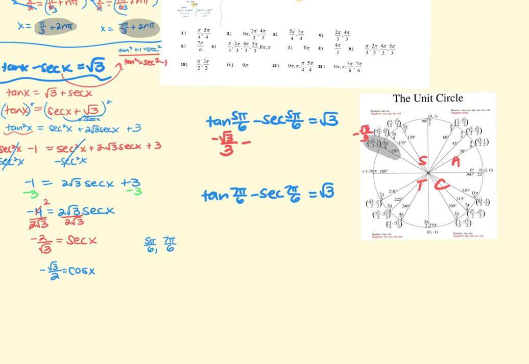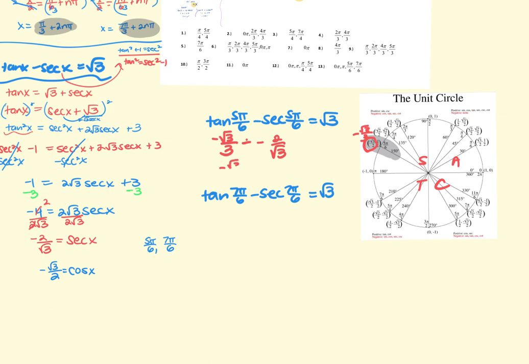Minus the secant at 5 pi over 6 is the reciprocal of cosine. So if I flip negative root 3 over 2, I get, this would be minus a negative 2 over root 3. And I'd have to rationalize that.